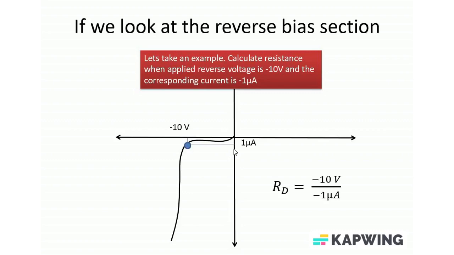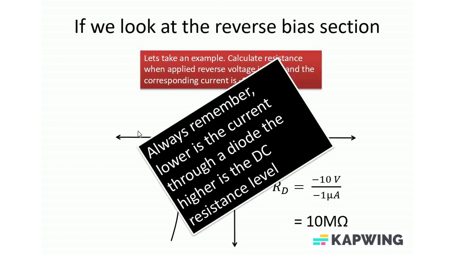We know these two values. The good part is that they're fixed. Just put the values in the Ohm's law equation and we'll know that 10 megaohms, such a high resistance value, is being offered by the diode during the reverse bias section at this operating point. This way DC resistance is calculated in a diode device. So we must remember that the lower the current flowing through the device, the higher the DC resistance level.